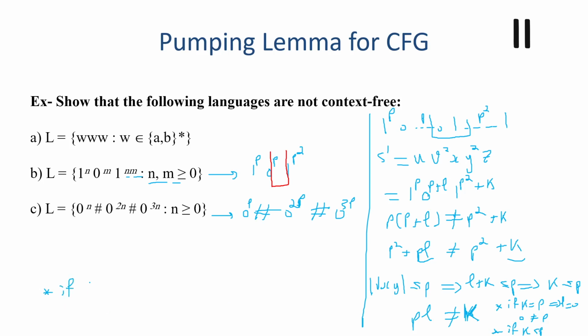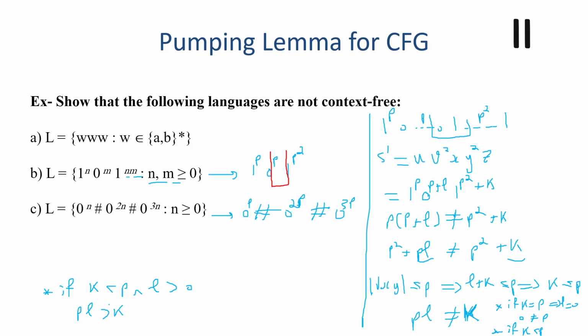That's the other scenario, it's not exactly P, it's anything less than P. That means L has to be something else, right? And L is strictly positive, so PL is definitely going to be more than K, right?